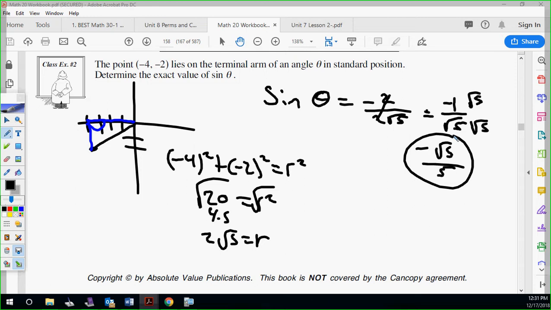Well, all this is a trig ratios question. To do sine, we need y over r. So r is a hypotenuse. We'd have to have at least 2 out of the 3 somehow.